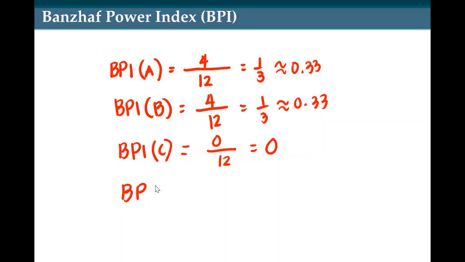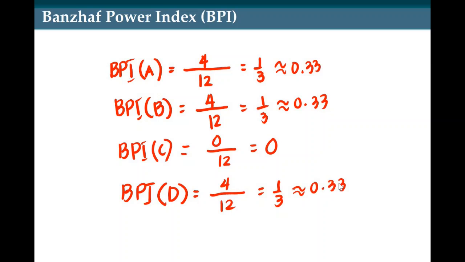And the Banzhaf Power Index of voter D is equal to, since voter D is a critical voter 4 times, 4 divided by 12, that is 1 over 3, and that is approximately 0.33. So in this case, 3 voters, A, B, and D, have the same power.